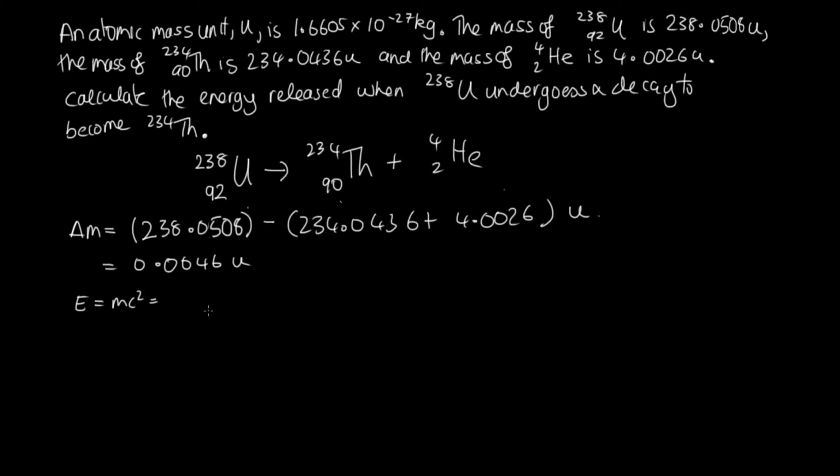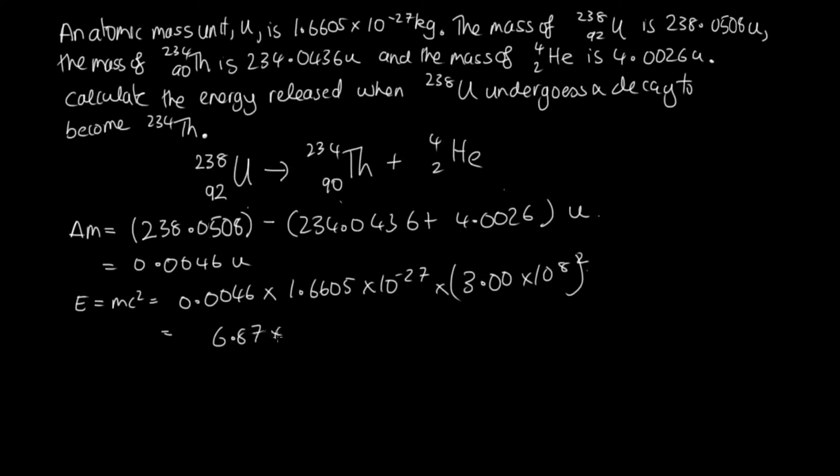So this is equal to 0.0046. And now let's get the mass into kilograms. So we can times this by 1.6605 times 10 to the minus 27 kilograms. And then times c squared, so 3.00 times 10 to the 8 all squared. And this gives us 6.87 times 10 to the minus 13 joules. Now, as we said before, electron volts are a more useful unit.